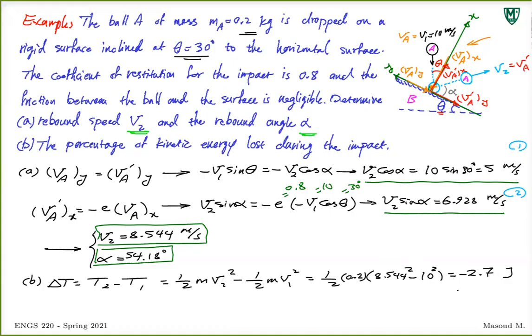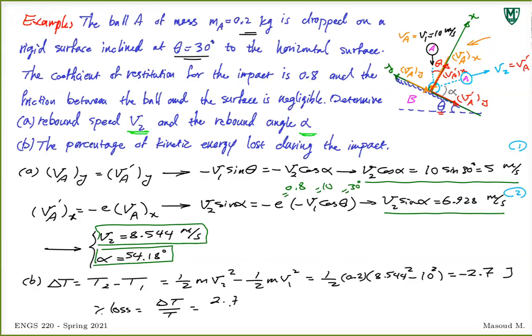Now, change in kinetic energy, you're looking for percentage loss. So you know the change, you know the initial. My initial is just basically 1/2 mv squared. So percent loss is equal to delta T over T1.